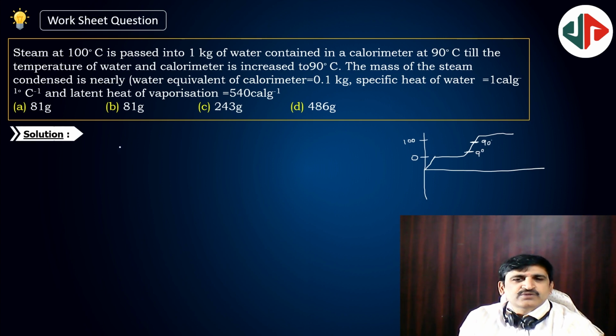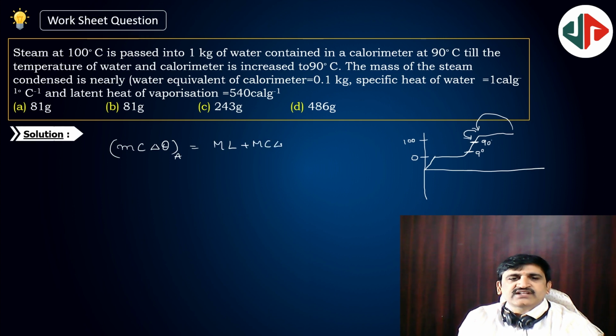See, heat absorbed is equal to mc delta theta, heat absorbed is equal to heat lost, steam condensed, steam cooled. So m condensed, ml plus m cooled, mc delta theta for heat absorbed, heat liberated.